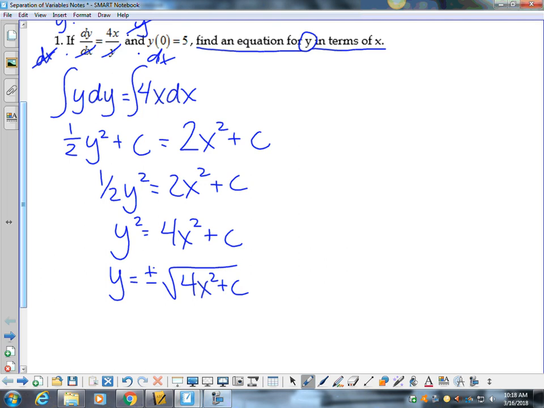Okay. Did it give me another piece of information? Plug in 0 for x, and you should get a 5 out. What's that going to help me find? That's giving me an x and a y. That's going to help me find the constant.